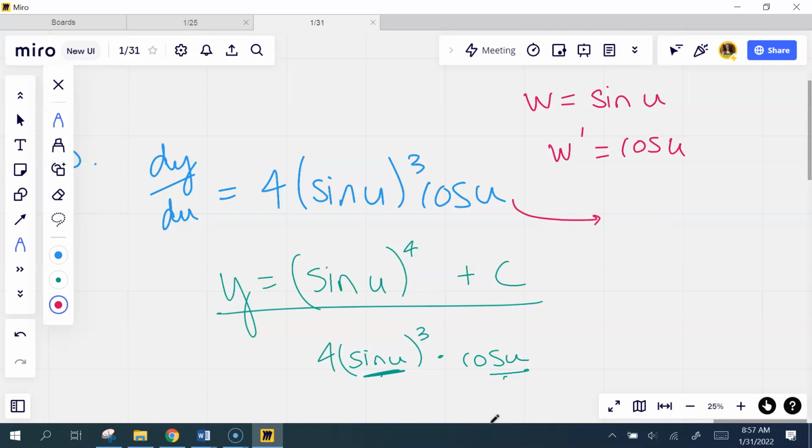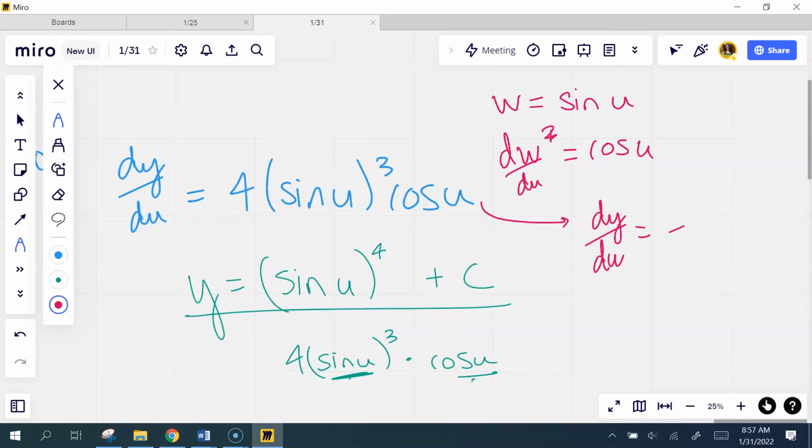So do you agree that I could possibly rewrite, and actually I'm going to say dW du here, just so I can stay consistent in my notation. Then do you agree that I could say dy du is equal to 4w cubed dw du?